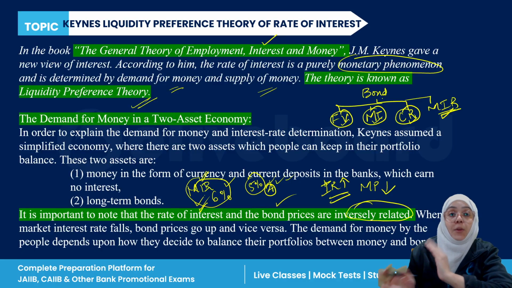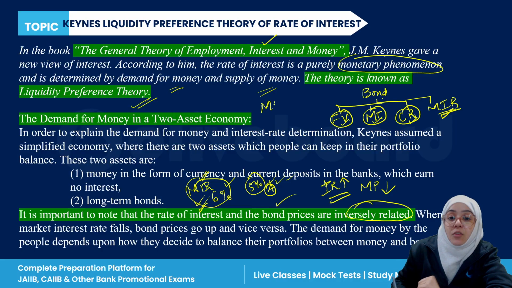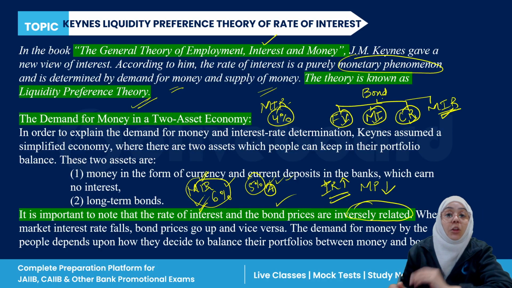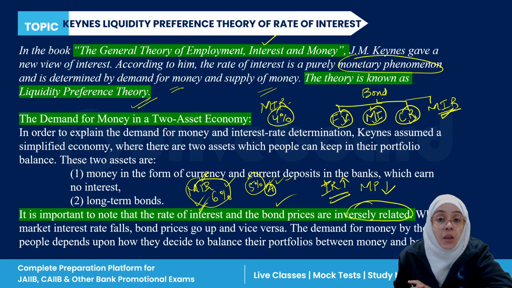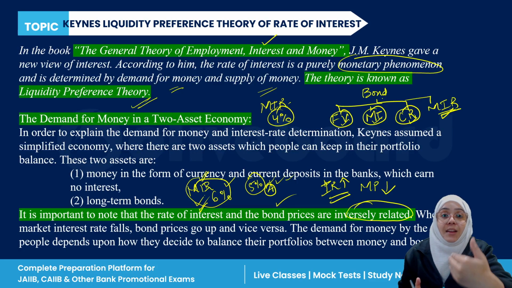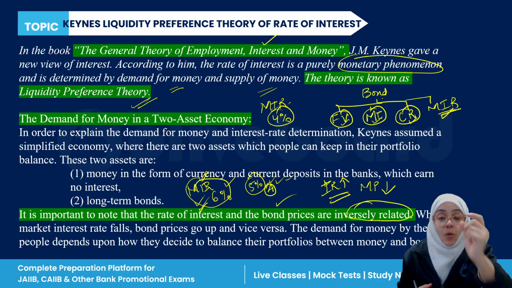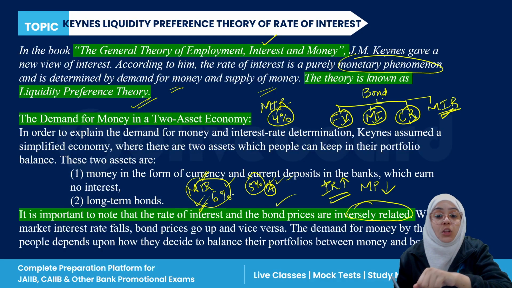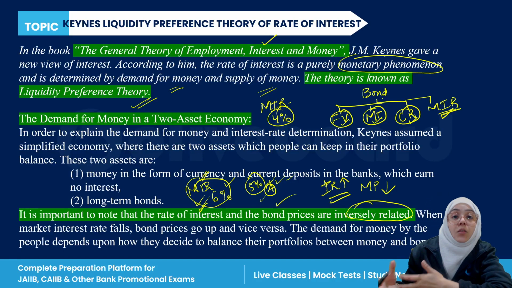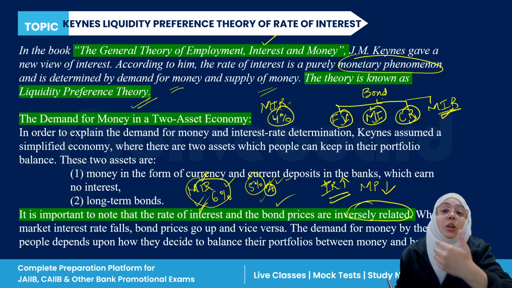Now, let's talk about the inverse. For example, the market interest rate has been introduced and now the new version of the bond is giving you 4% per annum return, or 4% overall return. Now it is giving you a lesser return. So when you see two bond options, the older version is giving you a higher return, the newer version a lower return.